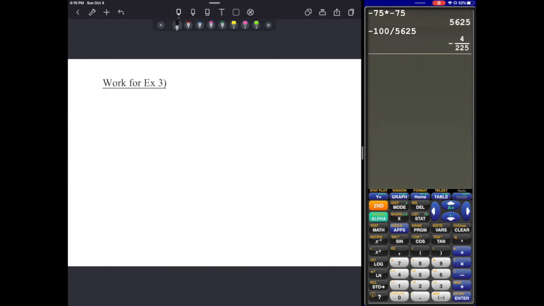Okay, so we're thinking about y is equal to a times the quantity of x minus h squared plus k. Our vertex on this one, we just found to be 20, negative 15. It looks like we were starting at the point 0, 0, and we were ending at the point 40, 0.